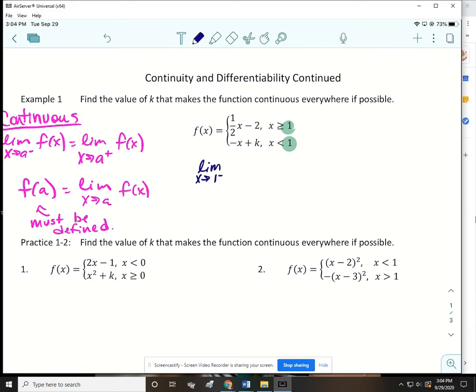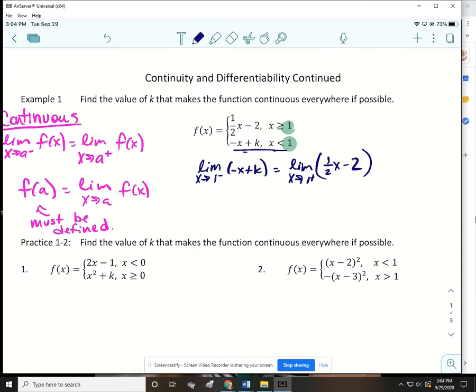If we are approaching x from the left, this one is in a different order than they usually are. So from the left, we're going to use the second function, because that's where the x's are less than 1. And that needs to equal the limit as x approaches 1 from the right, which will be the first function, or the first piece, I should say.